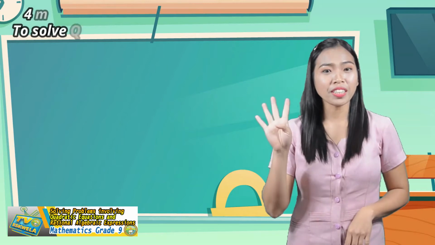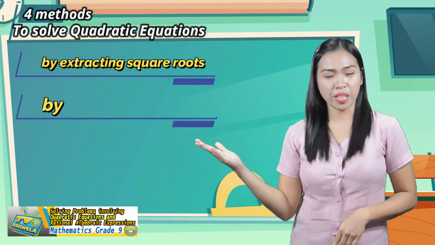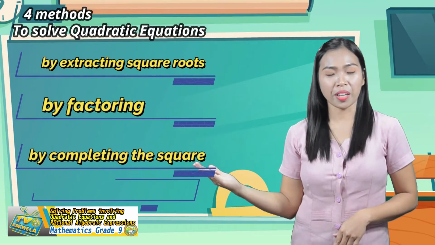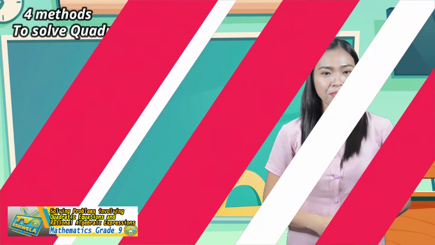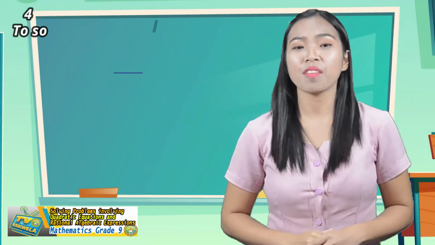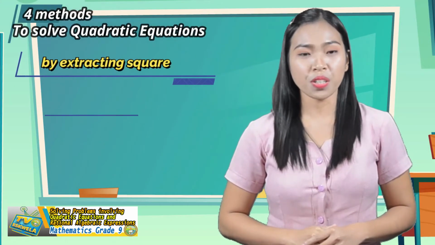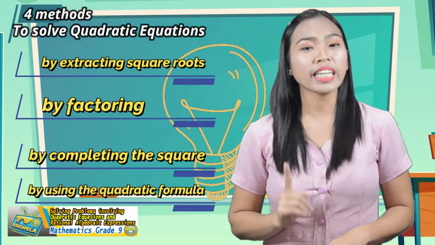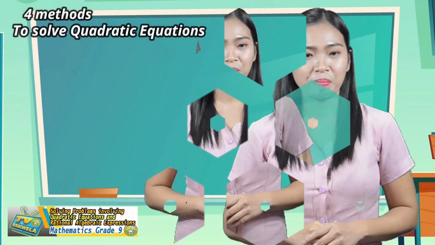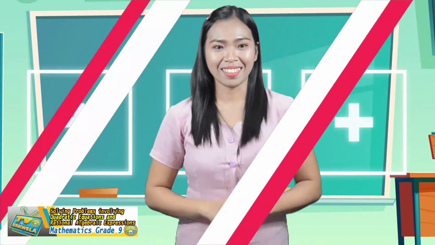There are four different methods to solve a quadratic equation, namely by extracting square roots, by factoring, by completing the square, and by using the quadratic formula. Using any of the methods to solve a certain quadratic equation, if done correctly, will give you the same answer. I do believe you mastered that lesson already.